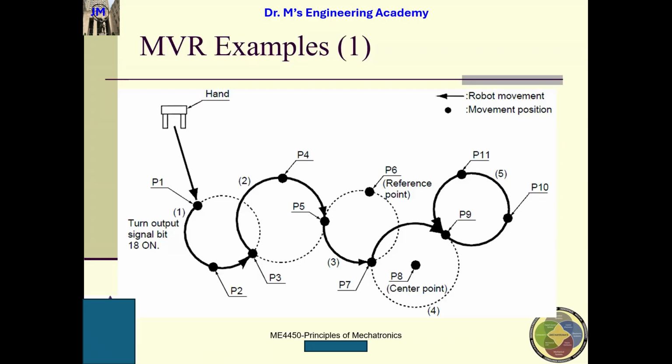Sometimes you need to do some manipulation to move your hand in a circular way. For example, sometimes we use the industrial robot to help us hold the welding machine. Sometimes when we do some welding operations, the environment is very hazardous, very dangerous for the human.